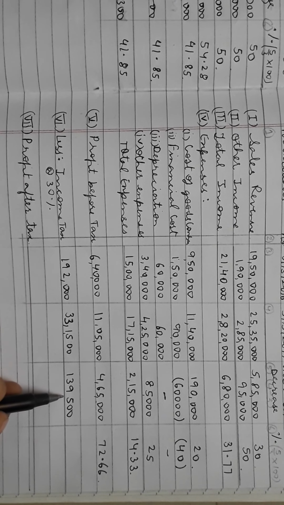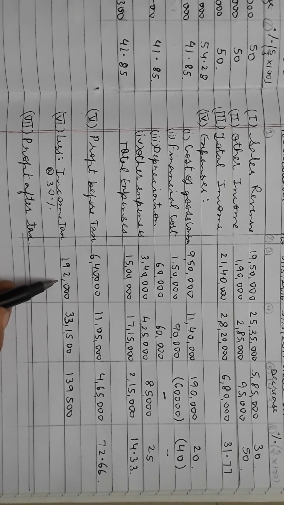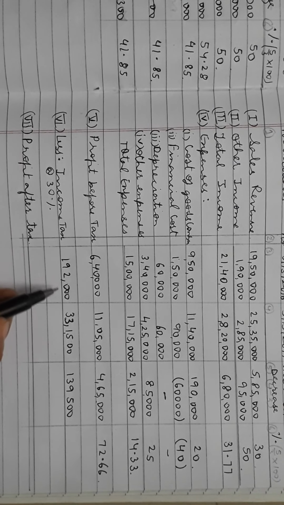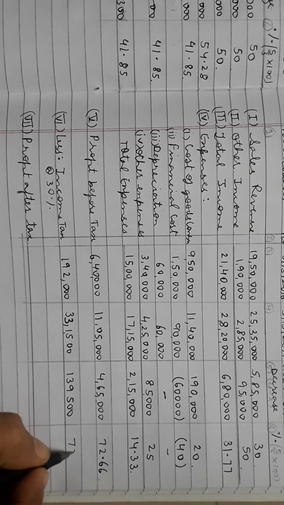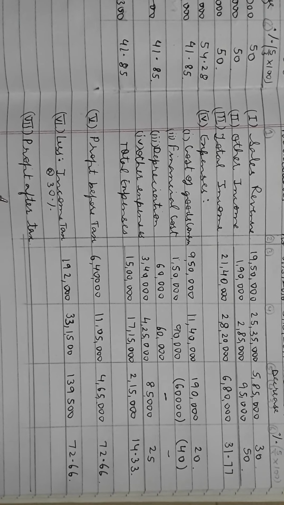So percentage, 1,39,500 divided by 1,92,000, that is again 72.66.